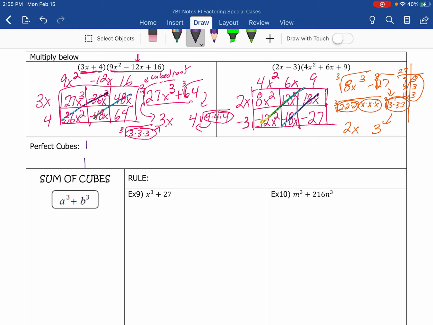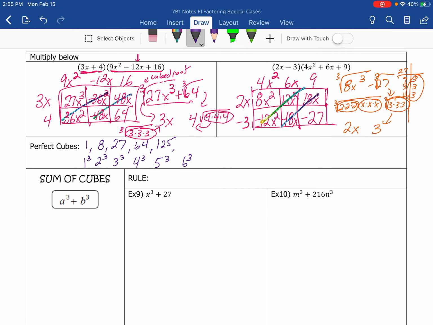So first thing I want to talk about are my perfect cubes. 1 cubed is 1, 2 cubed is 8, 3 cubed is 27. So these are probably ones that you're not as familiar with. 4 cubed, because you don't have much experience, is 64.